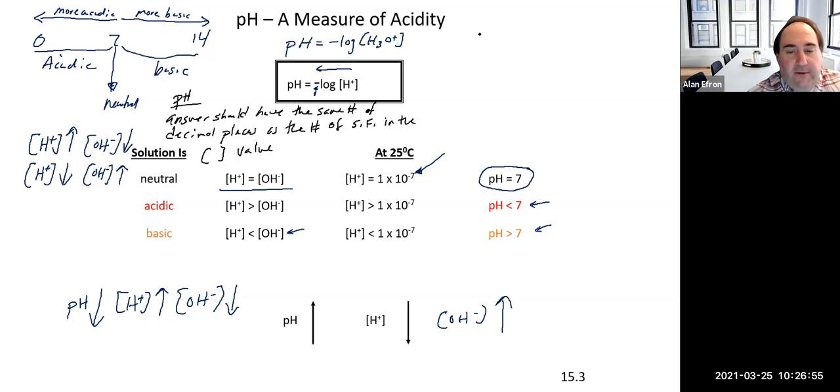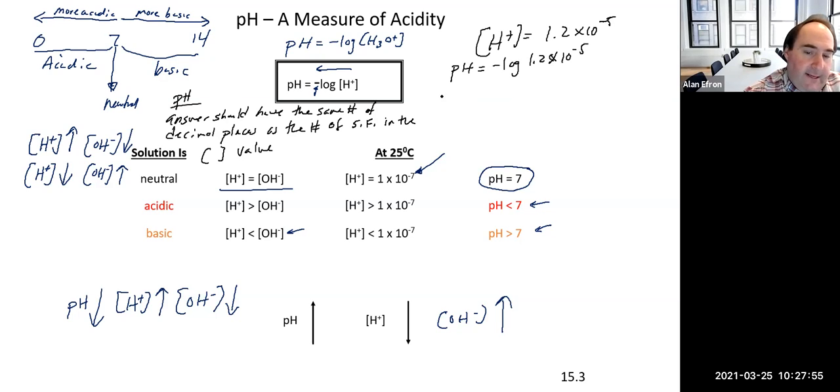Why don't we try one real quick to make sure everybody's calculator works. Let's say we had an H plus concentration of 1.2 times 10 to the minus 5. Calculate the pH to the proper number of digits. If you punch it in, pH equals minus the log of 1.2 times 10 to the minus 5. You should get on your calculator 4.920818754.